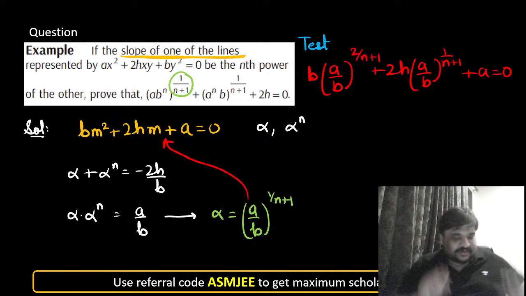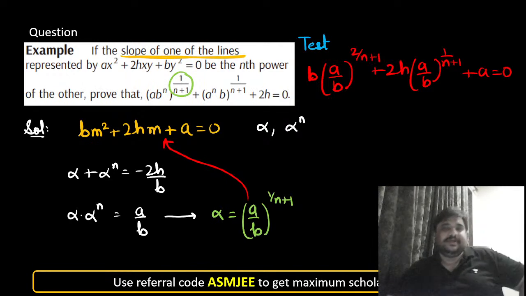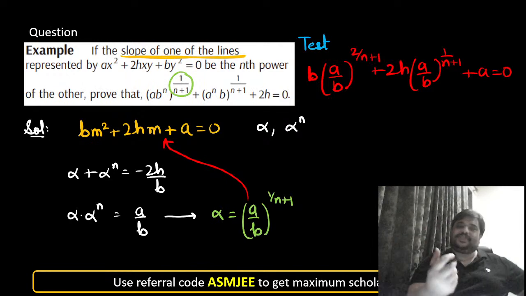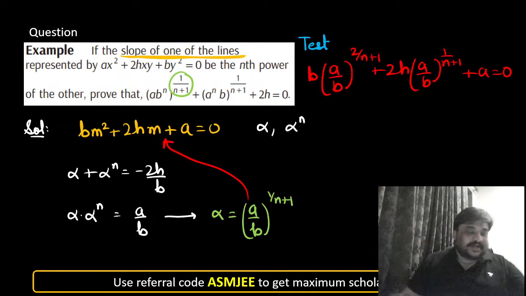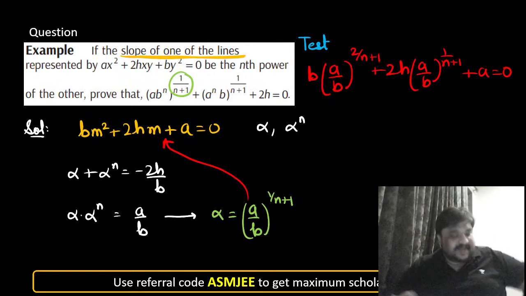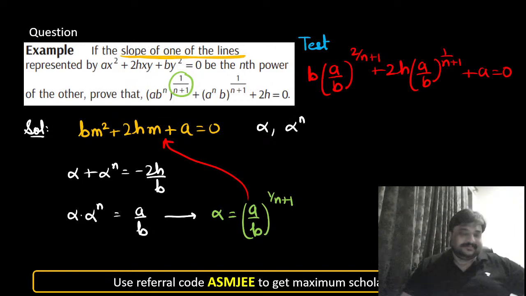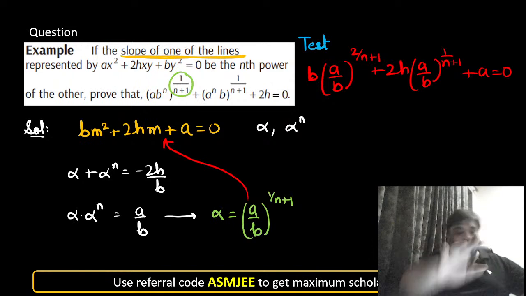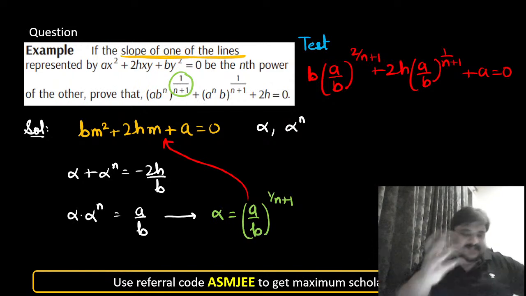Easy, comfortable. You realize if there are slopes, now you should play. If the question wants to play with slopes, then slope quadratic is very good because it immediately converts the whole question to a quadratic question. And we have studied quadratic well enough, at least more than pair of straight lines. So it is much better to go to quadratic rather than keeping the question in pair of straight lines. Does this make sense?